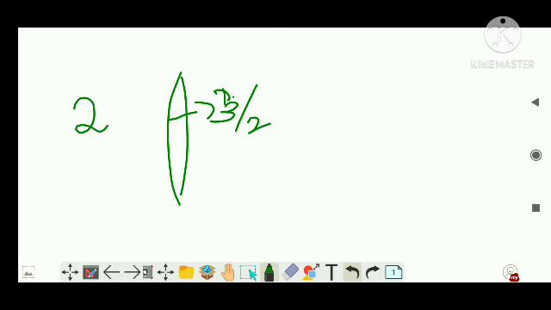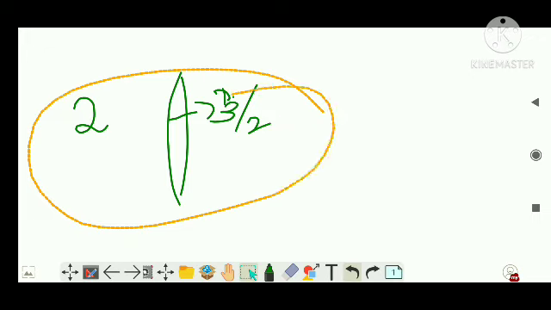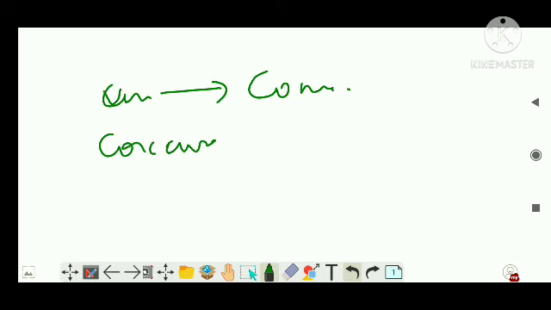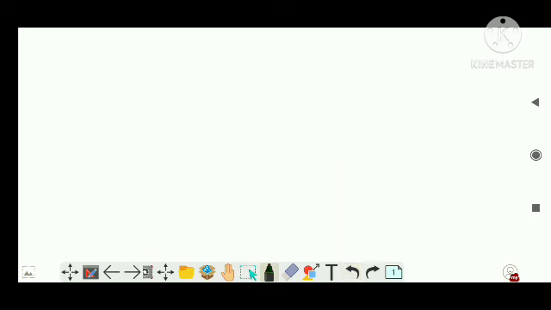Then the lens will act with opposite nature. Whatever nature it was having, it will be opposite. If it is a convex lens, it will act as a concave lens. Convex changes to concave and concave changes to convex. Keep that in mind. I hope you understood that theory part.